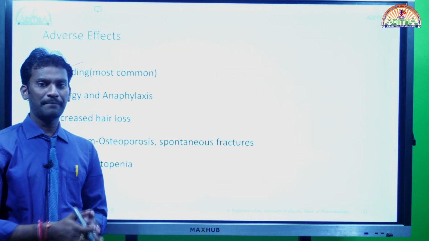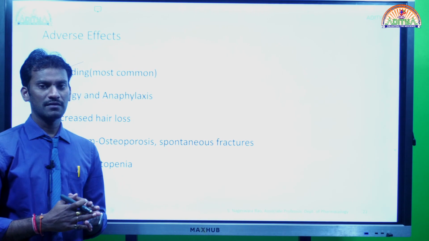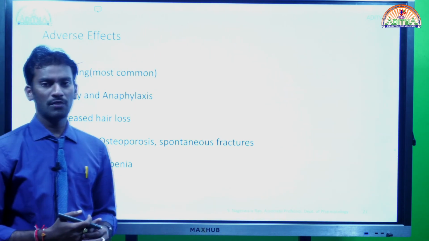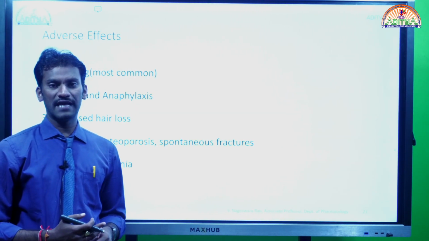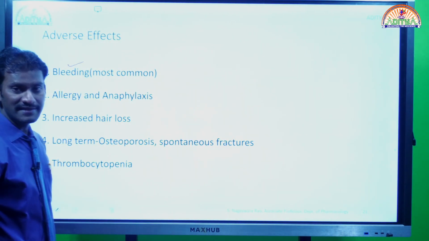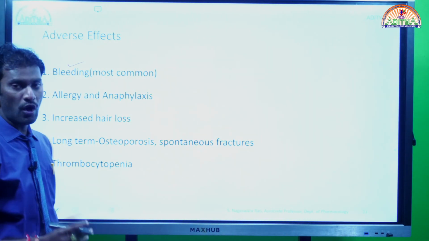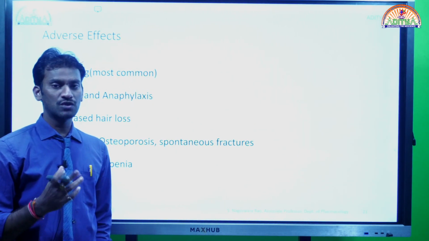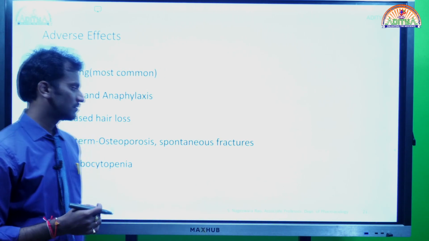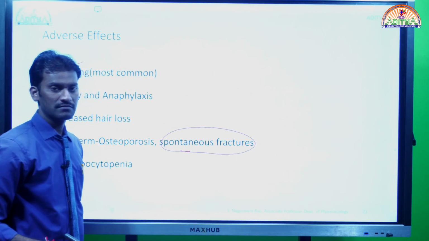Since the source of heparin is porcine or bovine, due to the variations of the animal, human beings may produce hypersensitive, allergic reactions. It is also most common. And increased hair loss, alopecia, and long-term osteoporosis. Long-term use of heparins may lead to osteoporosis, meaning fragile bones. It may result in spontaneous fractures.